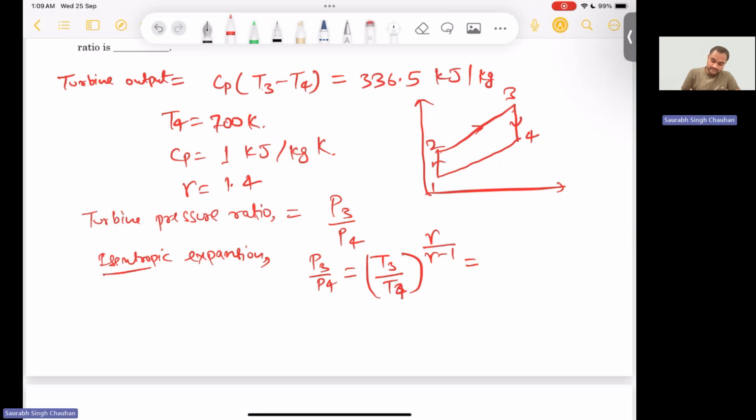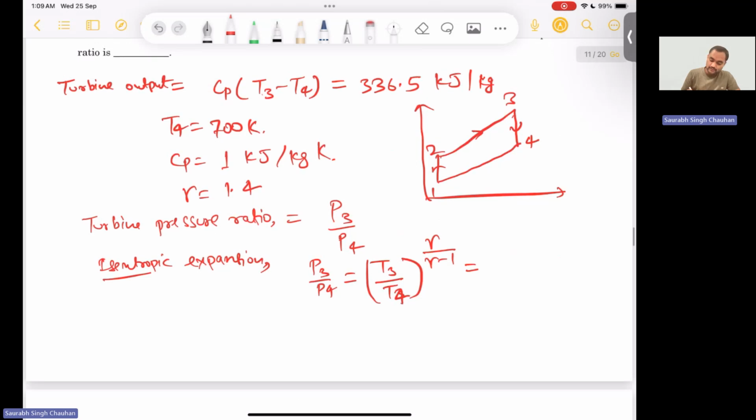T3 by T4. Okay, T4 we have, and from this first expression we can find T3, right? So T3 will be equal to 336.5 divided by Cp, Cp is just 1, plus T4.